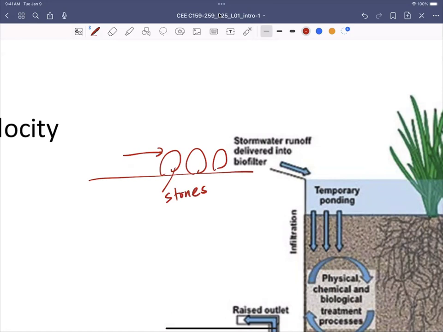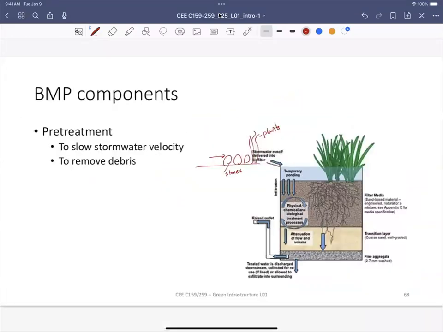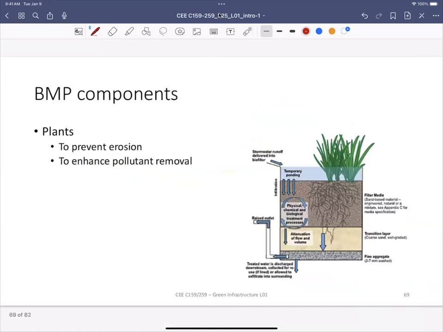That will protect the system from there. You can also have plants or filter strips that can take a lot of sediment out. So these are the pre-treatment things you could do: either put stones to slow down the water or put plants to remove the sediment.